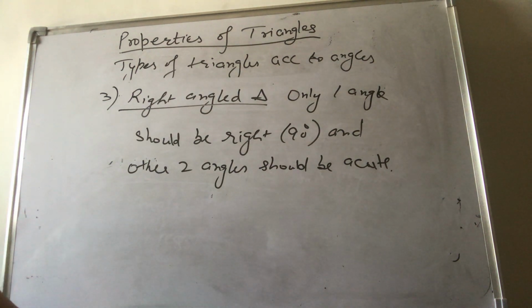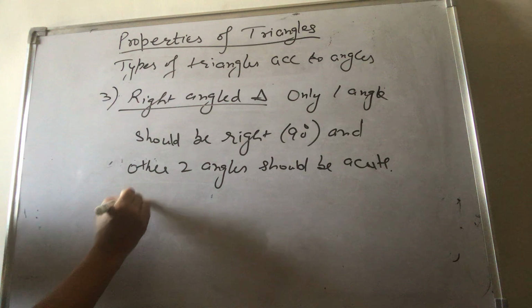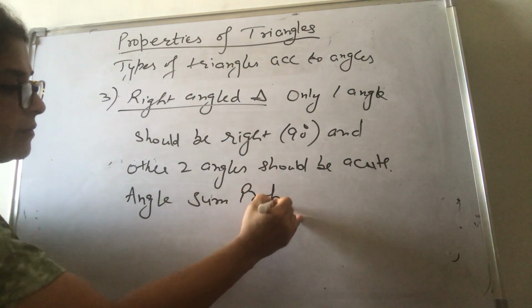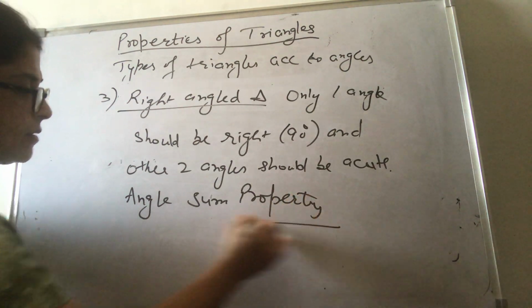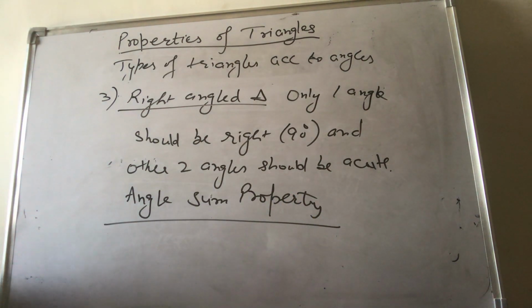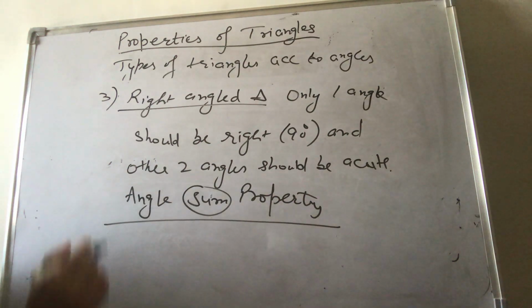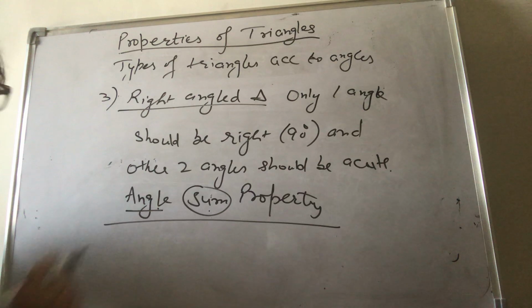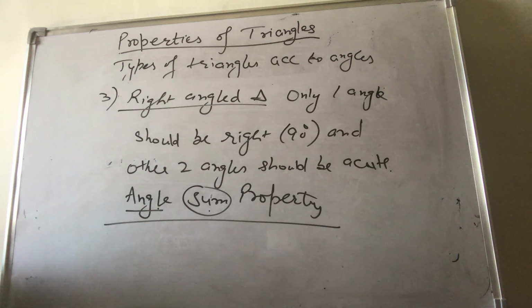These were the types of triangles according to the sides and according to the angles. Now the next topic is angle sum property. We know that a triangle has three angles in all, and the sum of all three angles of a triangle is always 180 degrees. It cannot be less than 180. It cannot be more than 180.